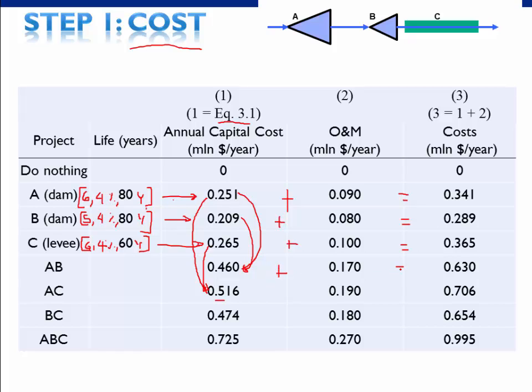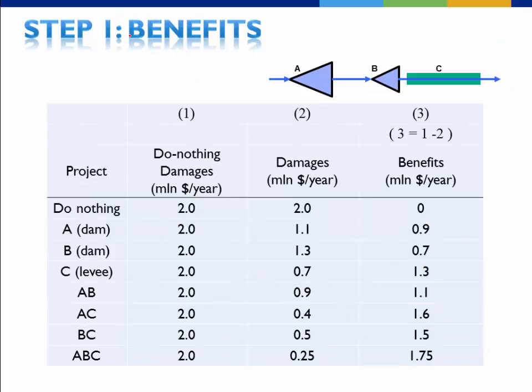Okay, so now we have estimated the cost, and we're still in step 1. What about the benefits? So in this case, the do nothing, we're going to be comparing what are the damages and how do these damages compare to the do nothing. So the difference between these two are actually the benefits, the amount of money that you're not expending.